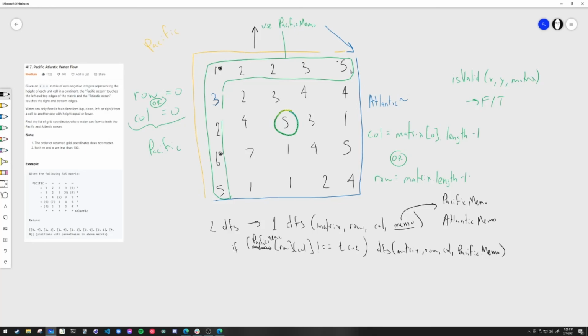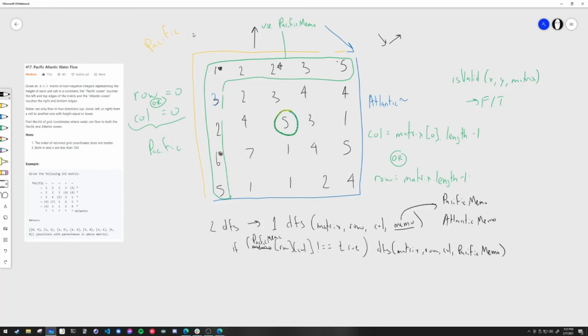So now what we're doing is we are trying to see how far, or which heights next to these numbers, like let's say this 2 right here, which heights next to here are greater than 2, right? Because if we do the opposite, instead of going downhill, we now go uphill, then once we find the farthest point we can go to, the water would flow from that top height down into the Pacific Ocean, right?